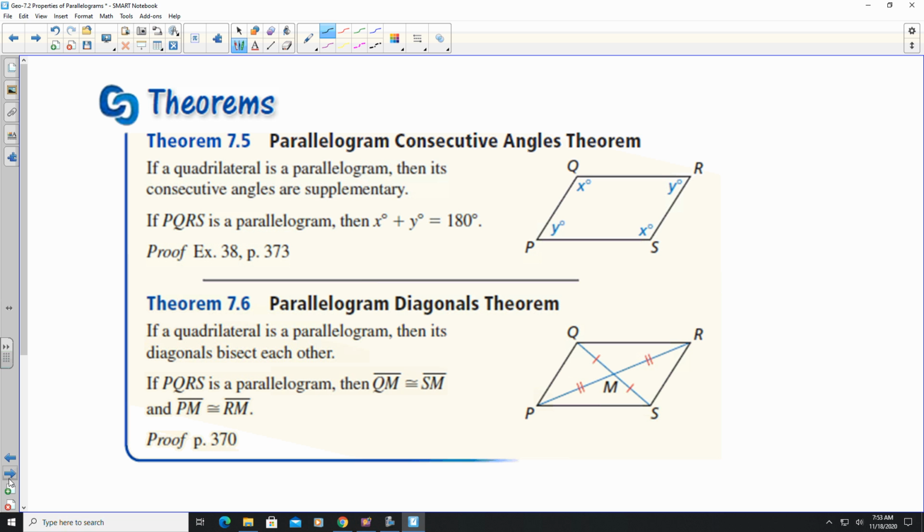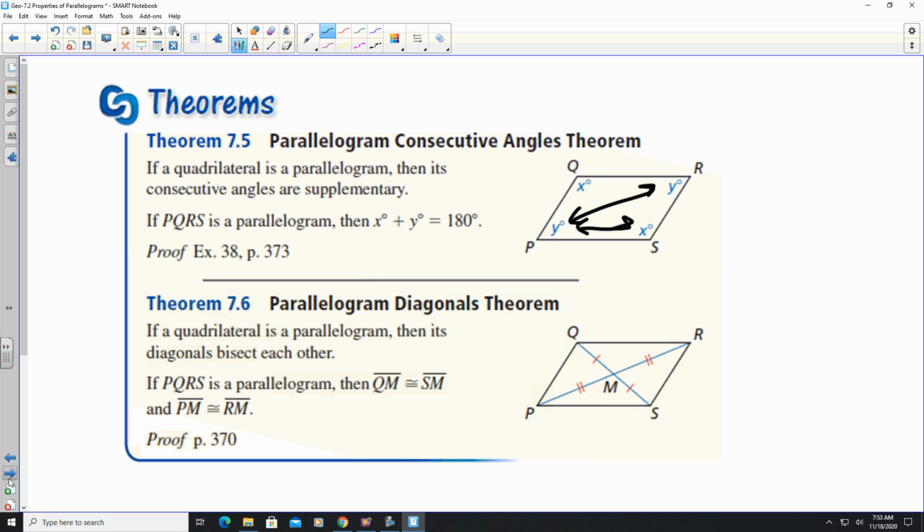Some other theorems about parallelograms: the parallelogram consecutive angles theorem. If a quadrilateral is a parallelogram, not only are the opposite sides congruent, but the consecutive angles are going to be supplementary.